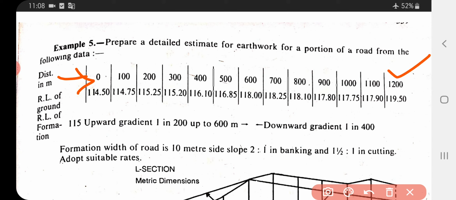Reduced level of ground starts from 114.50 and ends at 119.50. RL of formation is 115, upward gradient 1 in 200 up to 6 meters, downward gradient is 1 in 400.